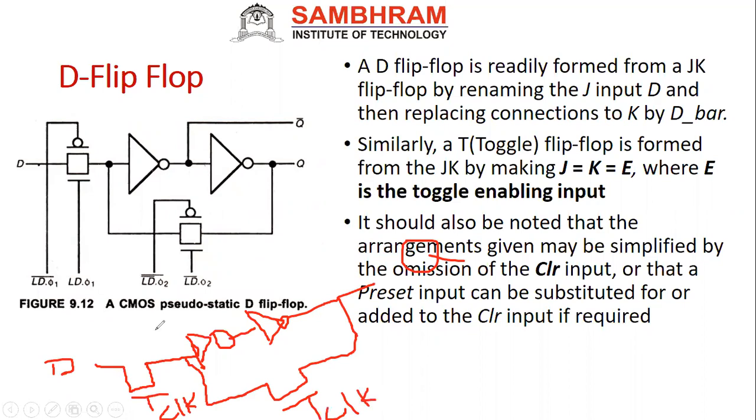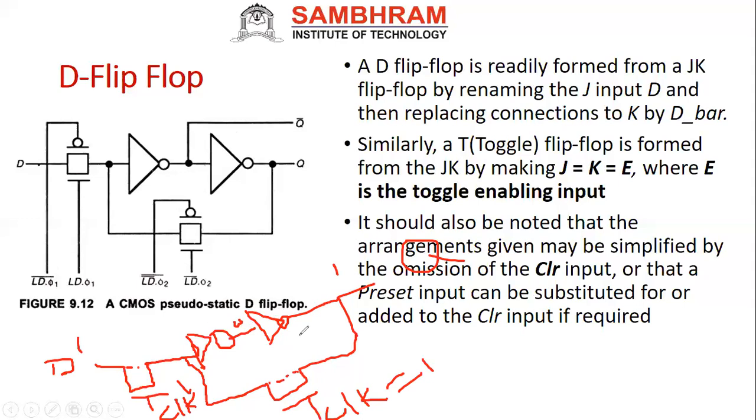Now you see, when the clock is equal to 1, what will happen? This will be on. If it is on, when D is equal to 1, for example, then here 0, I'll get 1. If this clock is 1, even this clock is equal to 1. So what will happen? This one will become 0, 1. So till then the value will be like this only.